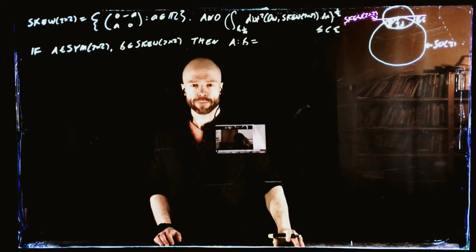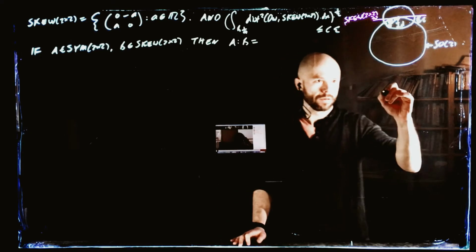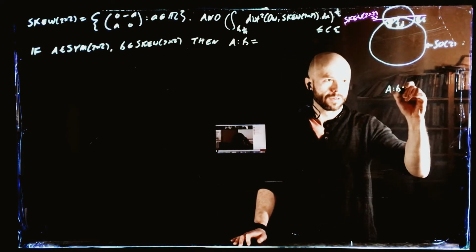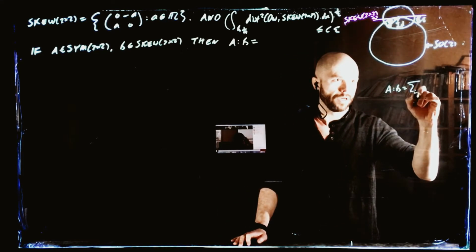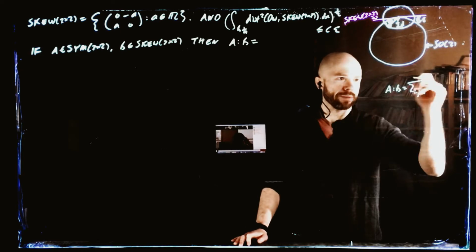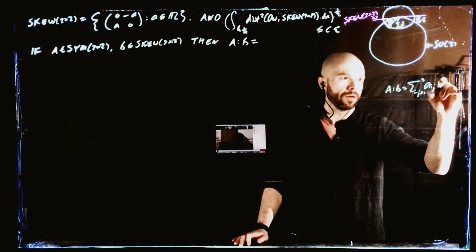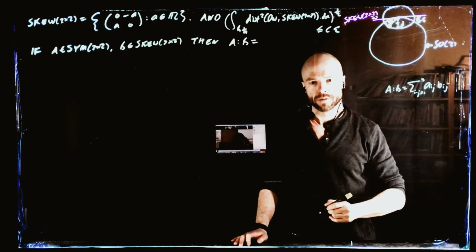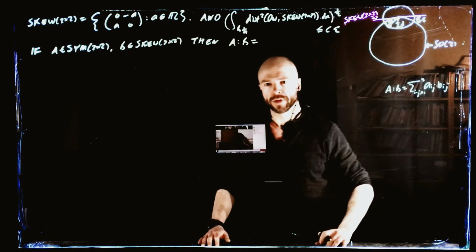When I write this, I mean the sum over i, j equals 1, 2, or whatever the dimension is, of a_ij b_ij. This is the dot product of matrices.